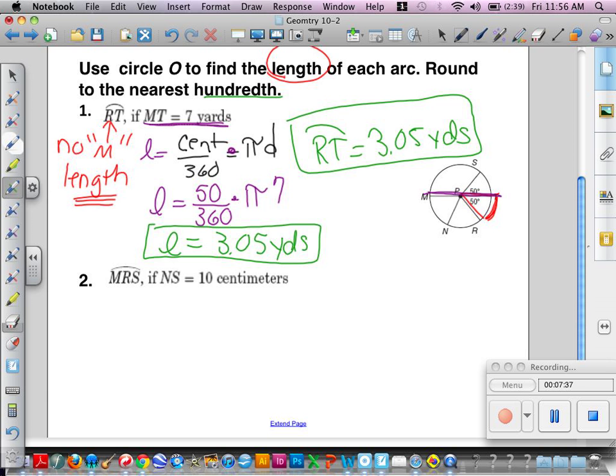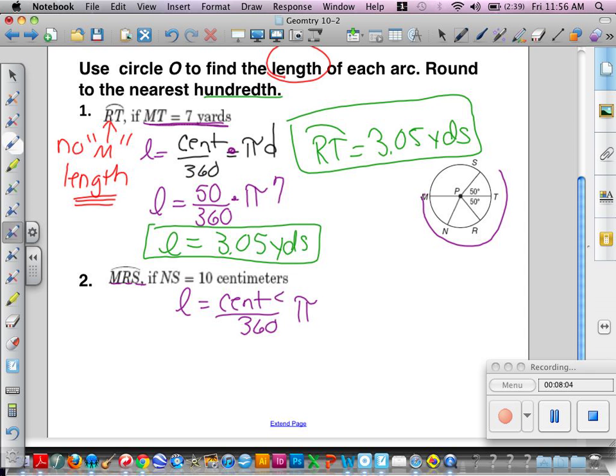Let's take a look at our last problem. I'm going to erase my circle so I can use that again. This time I'm asked to find the length of MRS. So I'm going M over to R and then to S. So I need the central angle. That length is the central angle over 360. And then I need pi d.